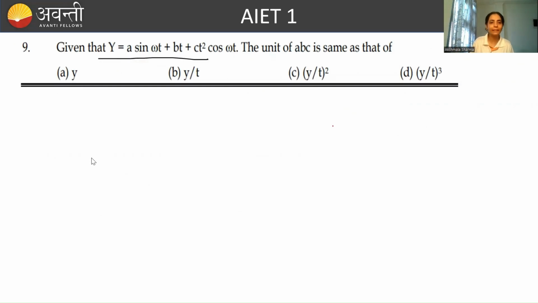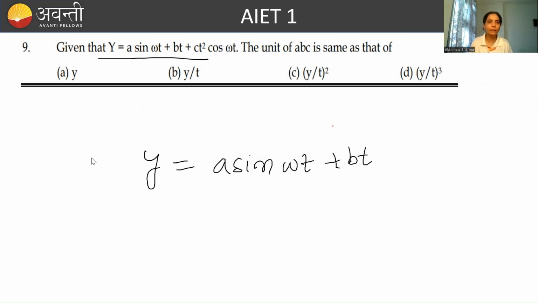Again, y is given as y is equal to A sin omega t plus bt plus ct square plus ct square cos omega t. Now, why have I included this question?